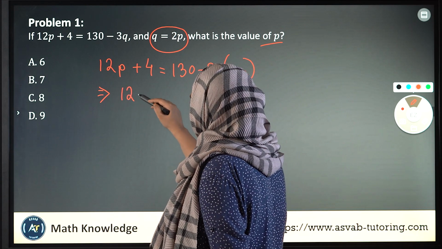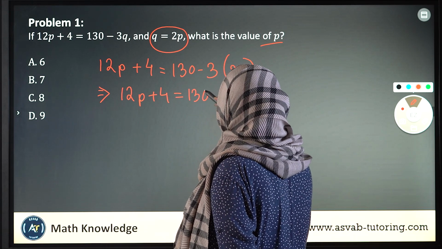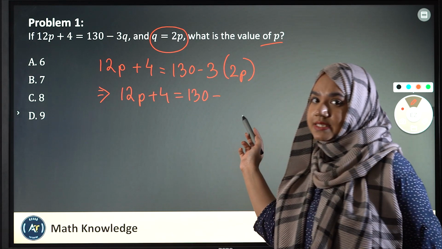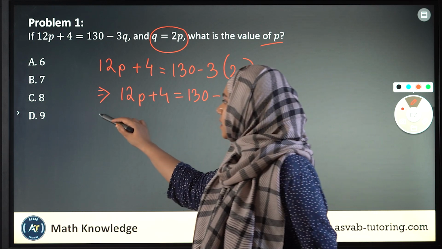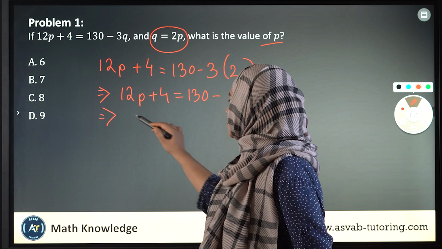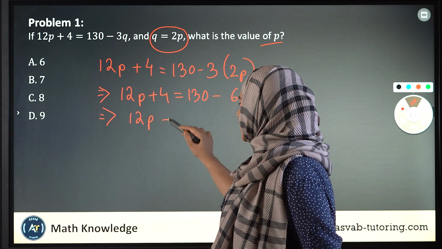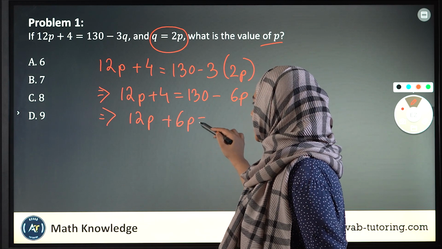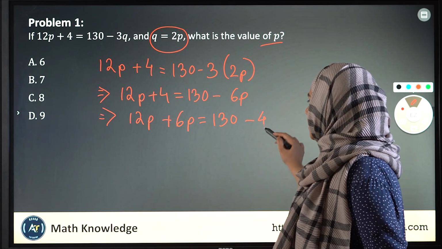So it's going to be 12p plus 4 equals 130 minus, let's break the parentheses here, 3 times 2, which is 6p. Later on, let's put all of the p's onto one side. 12p, because it's minus 6p, bring it to the left side, is going to be plus 6p equals 130. Putting plus 4 to the other side is going to be minus 4.